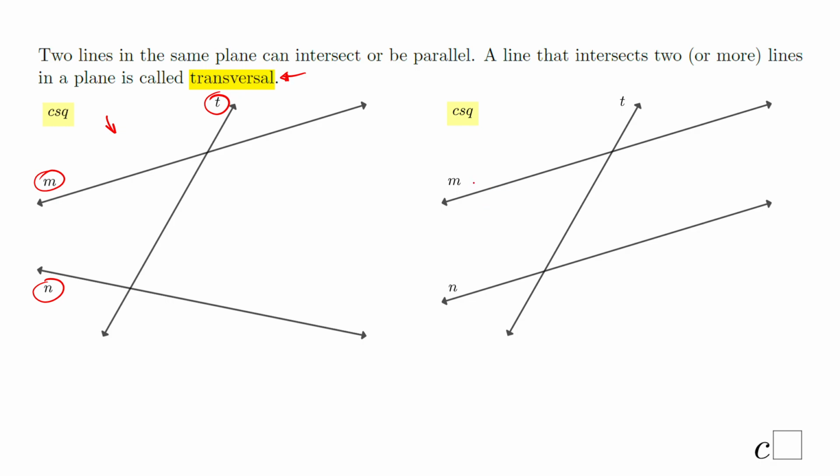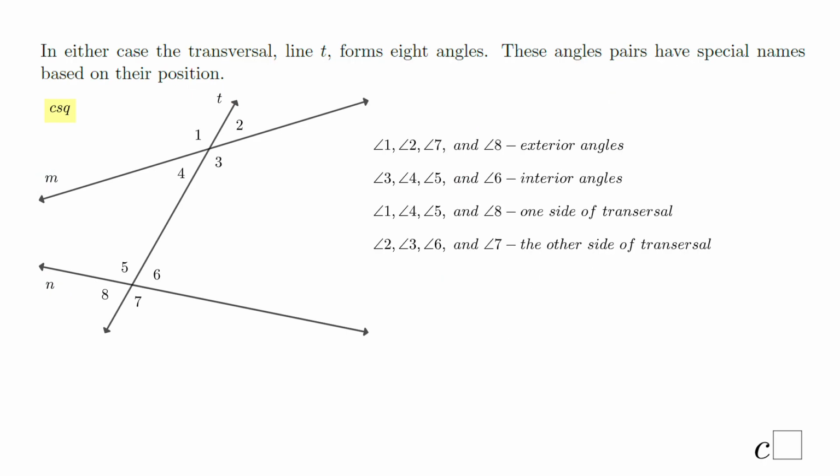On the second picture, these two lines M and N are parallel lines. Sometimes you're going to see something like that on your picture, which means these two lines are parallel lines. This is the transversal. And in either case, line T forms 8 angles.